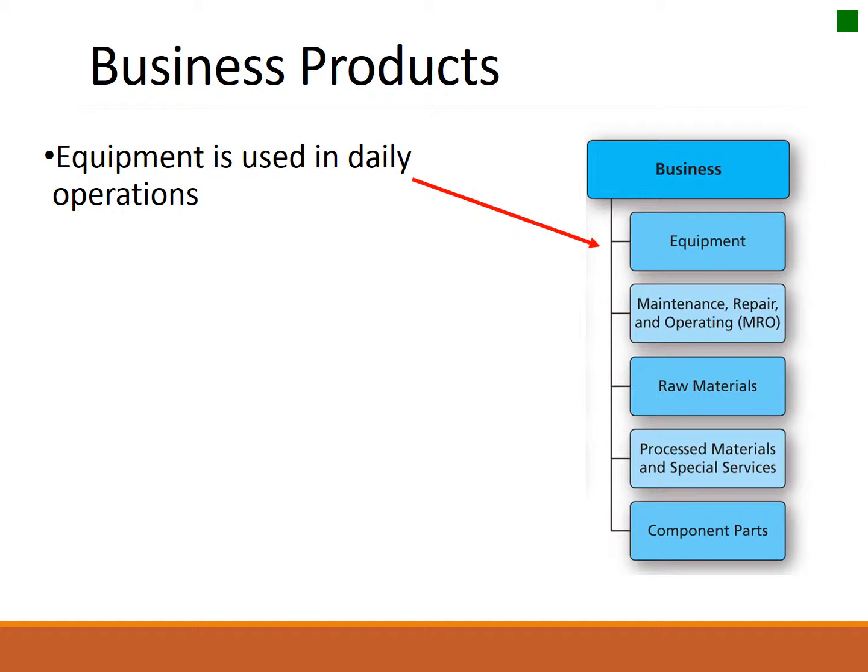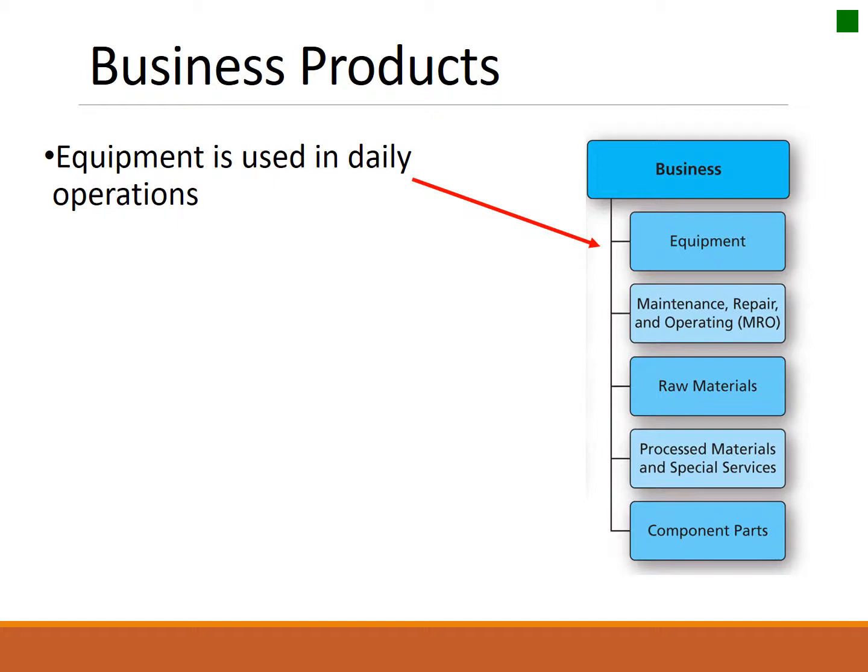And again, there's several different ones here that kind of go together a little bit, but also can be identified independently. So there's equipment that is a category of product. Equipment is the tools that are used for daily operations.